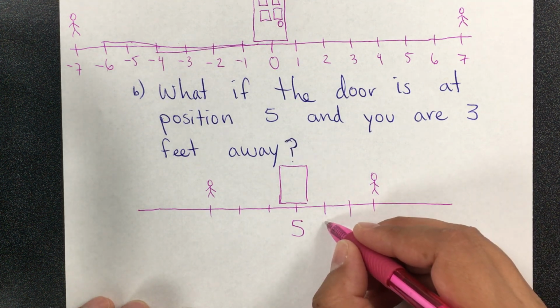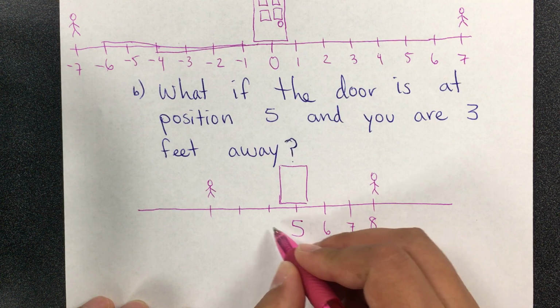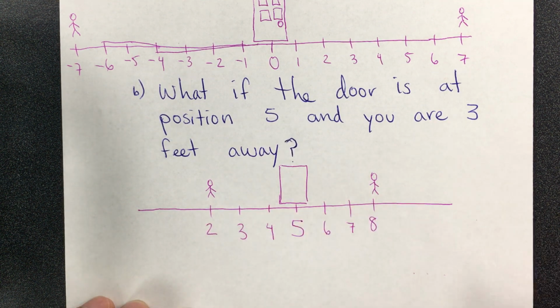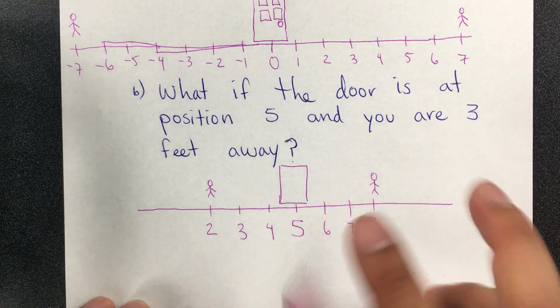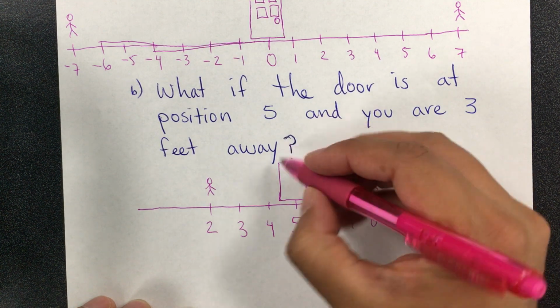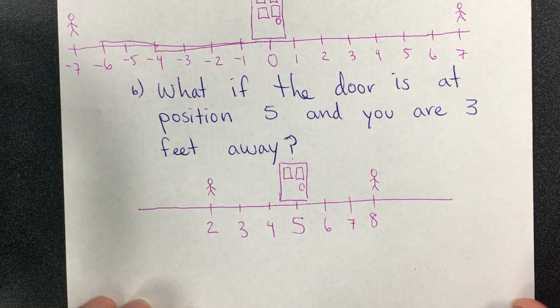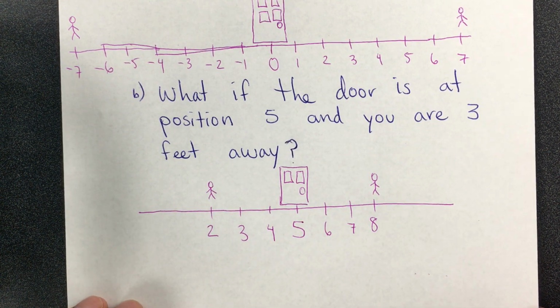Well, this is 6, 7, 8, or you could be at 4, 3, 2. Okay, so those could be the two possibilities. There are two different answers possible for this. And this is just an intro for the relationship of absolute value, but let me explain what the absolute value is first.